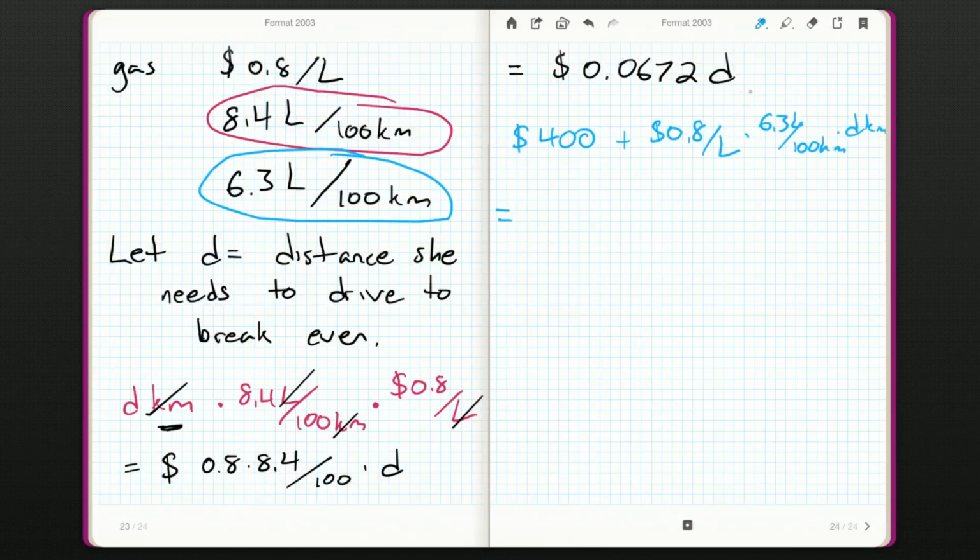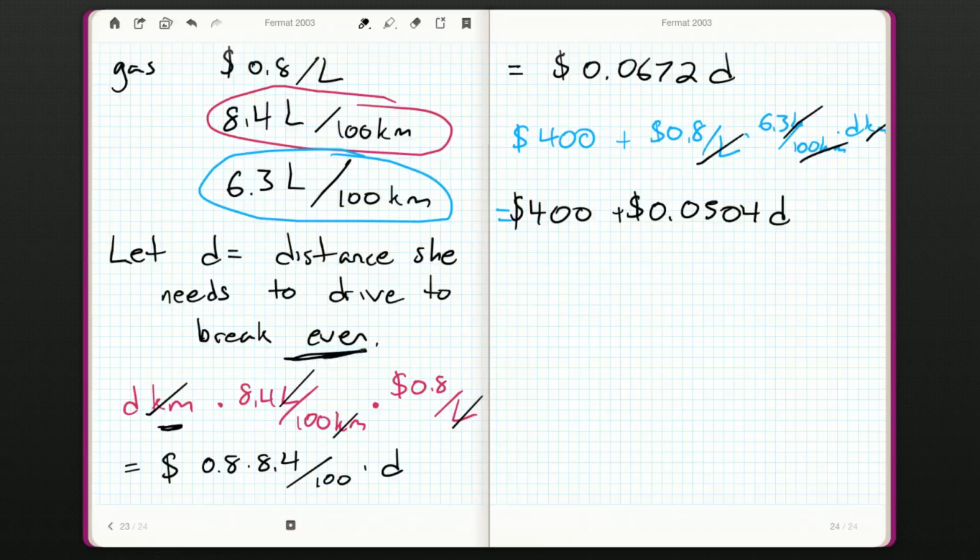Okay. So this is, once again, the units are going to all cancel out. And we're going to be left with $400 plus, and now 0.8 times 6.3 is 5.04 divided by 100. So plus 0.0504 D dollars. I want these two expressions to be equal because she is breaking even.